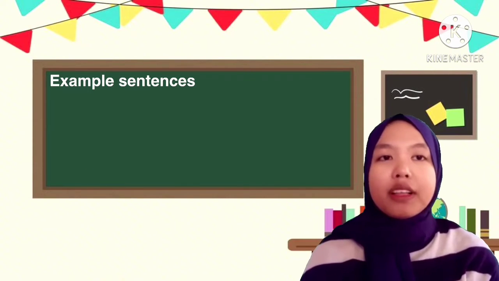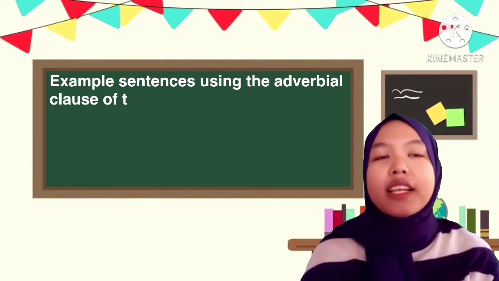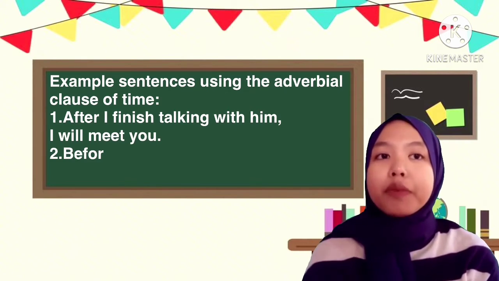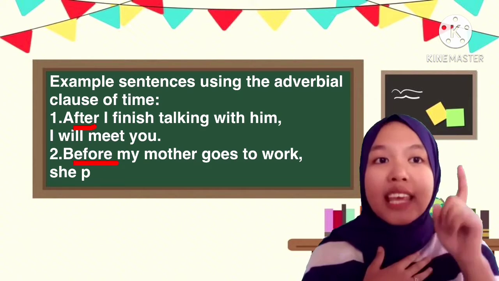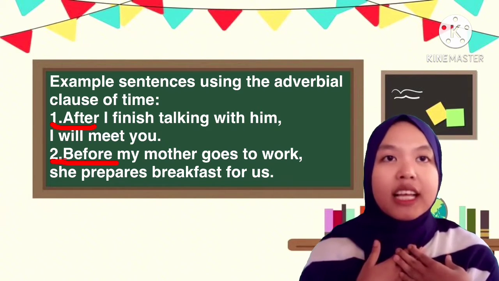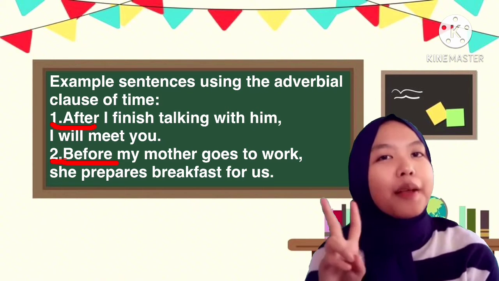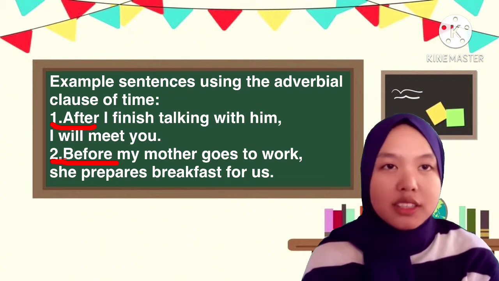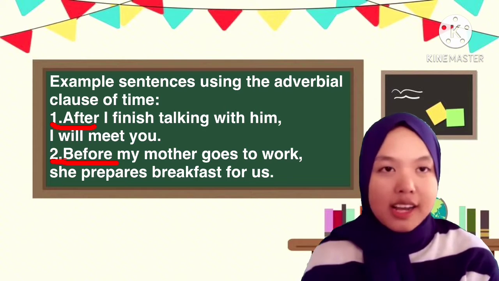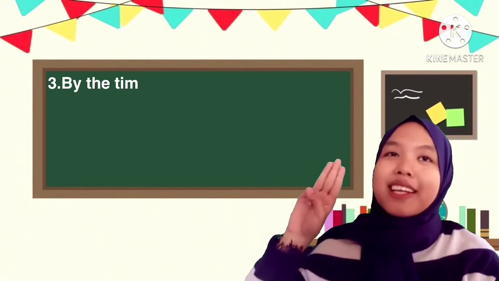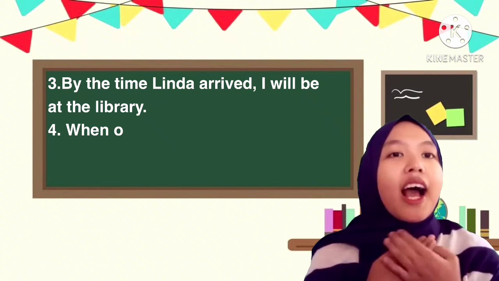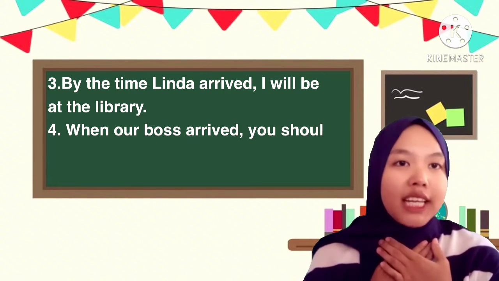Example sentences using the adverbial clause of time: number 1, after I finish talking with him, I will meet you. Number 2, before my mother goes to work, she prepares breakfast for us. Number 3, by the time Linda arrives, I will be at the library.